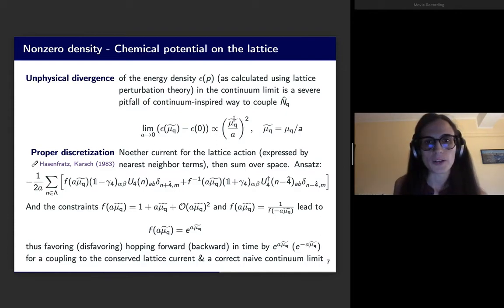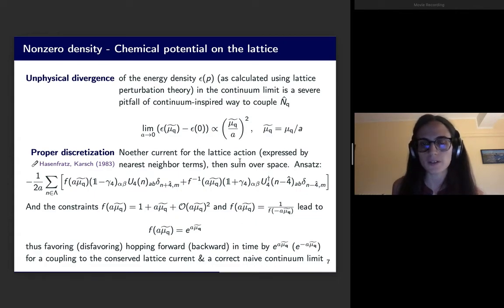In particular, one finds this type of behavior for the energy density difference. And then this is not a proper discretization, and one has to come up with an alternative discretization that was proposed in 1983 by Hasenfratz and Karsch. They basically wrote down the Noether current for the lattice action explicitly.